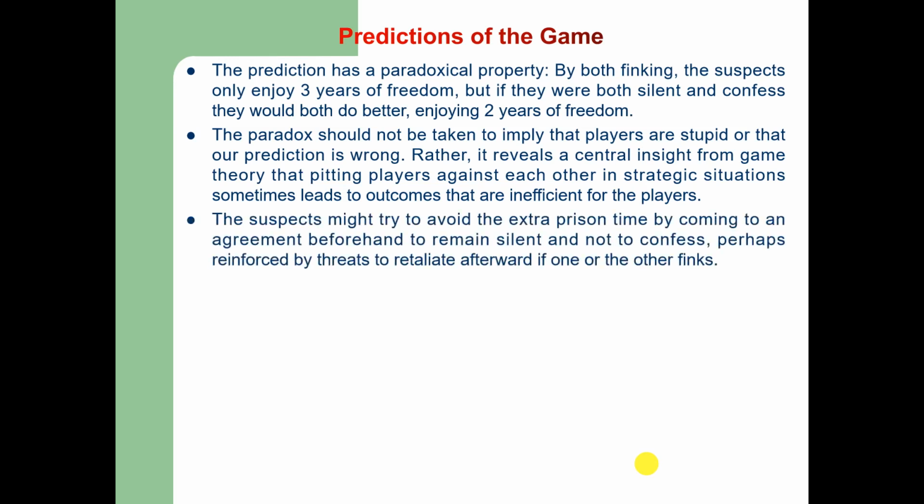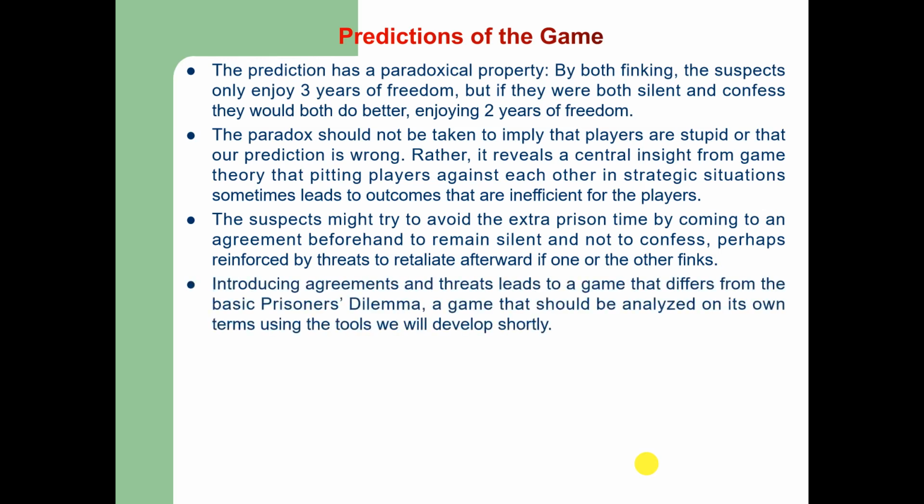So the suspects might try to avoid the extra prison time by coming to an agreement beforehand to remain silent and not to confess, perhaps reinforced by threats to retaliate afterwards if one or the other confesses. Introducing agreements and threats leads to a game that differs from the basic prisoner's dilemma, a game that should be analyzed in its own terms using the tools we will develop shortly in another video.